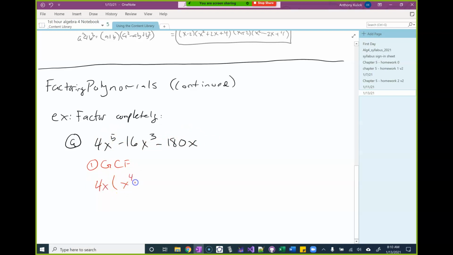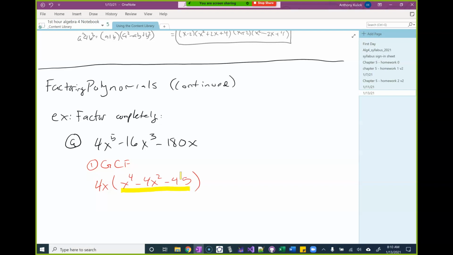So after we factor that greatest common factor, we get this. Now the part that we're going to then worry about factoring is just the part without the greatest common factor, right?